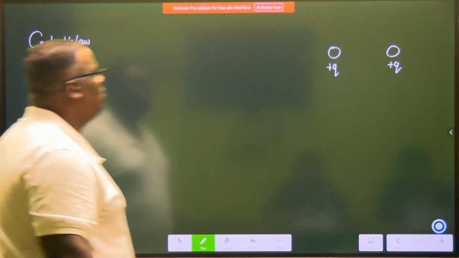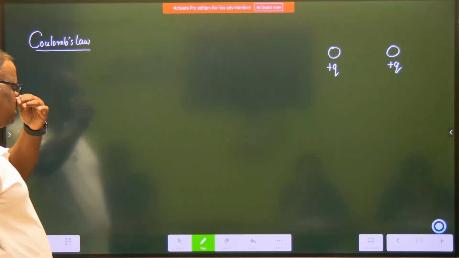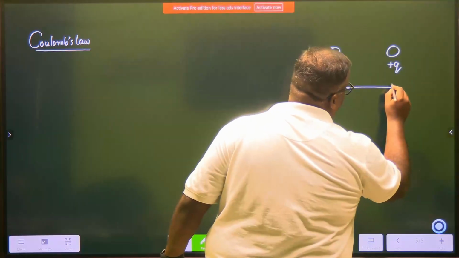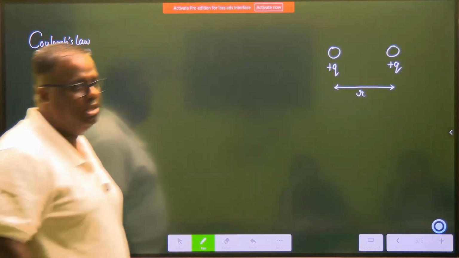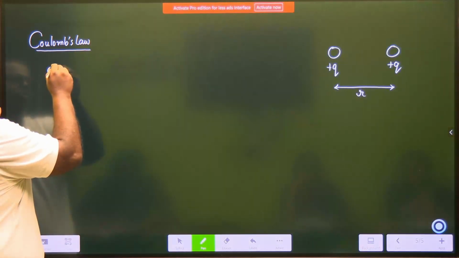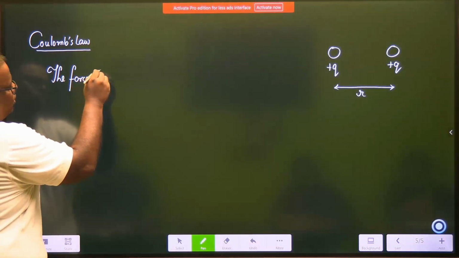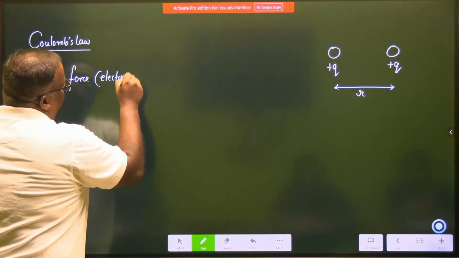So Coulomb's law will tell you about the electrostatic force between 2 charges which are at rest and are separated by a distance. Let's say the distance of separation between them is r. So Coulomb's law says that the force, and now we will go with a little bit of adjective, so we will add, this is electrostatic force.